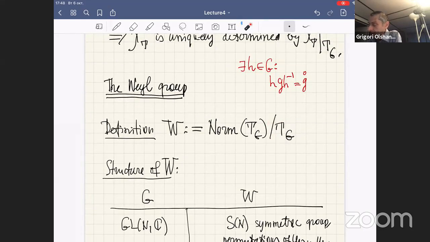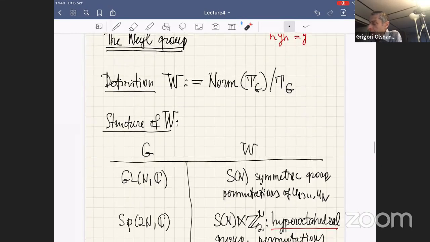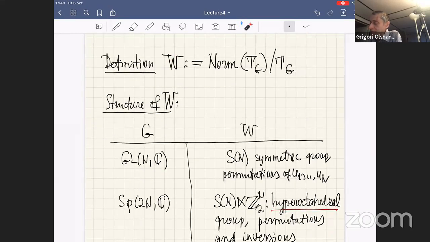In the case of type A, the Weyl group can be embedded into G because it is the symmetric group, and we can assign to any permutation the corresponding permutation matrix. So in this case, we have an ordinary embedding.